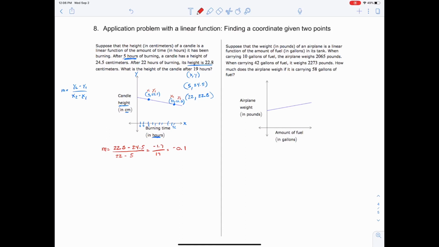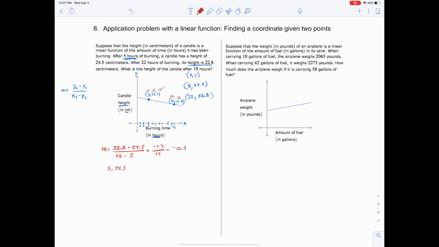So now that we have our slope, I have points. I could take these points and I could choose either one. I can either choose this top one, or I can choose that bottom one, the 22, 22.8, and just plug that into slope-intercept form. So I'm going to just choose the 5, 24.5.